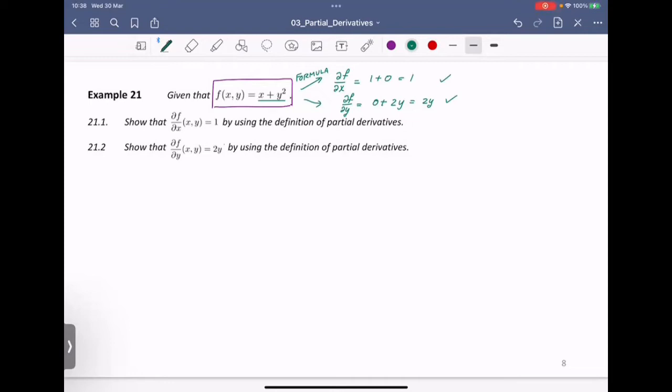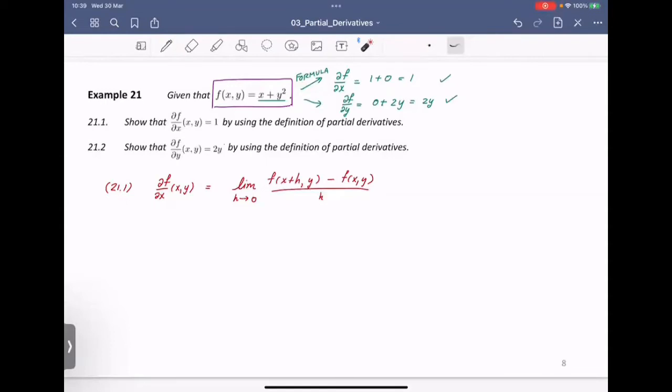Okay, I'm going to show you now. 21.1. If you want to use the definition, differentiate f with respect to x at the point (x,y). By definition, it is the limit of f(x+h, y) minus f(x,y) over h, where h goes to 0.